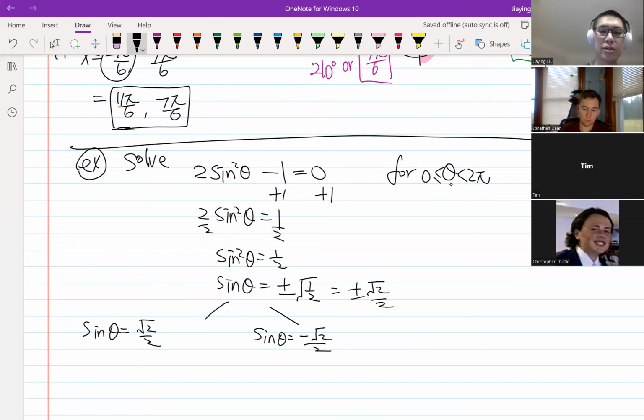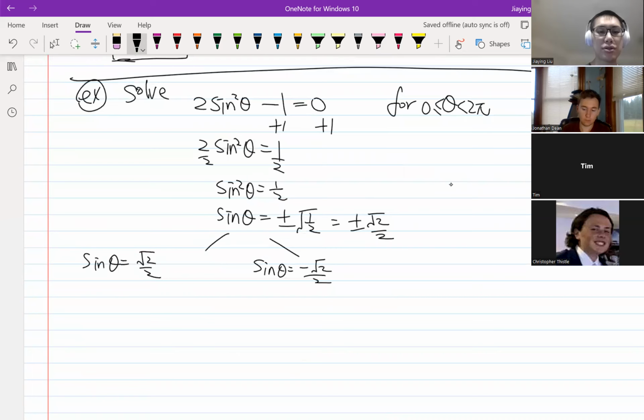Now, this one, you can again try to use the unit circle if you want. So we get sine is √2/2. So that's a half, and this is a 1. So √2/2 is about halfway, a little bit more than half, halfway between a half and a 1.